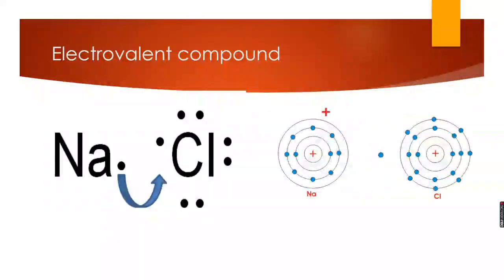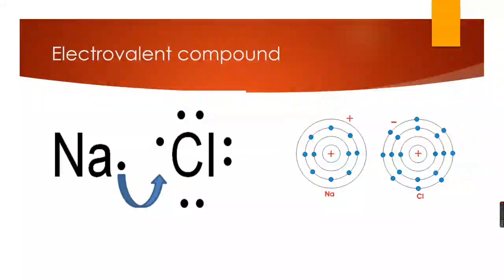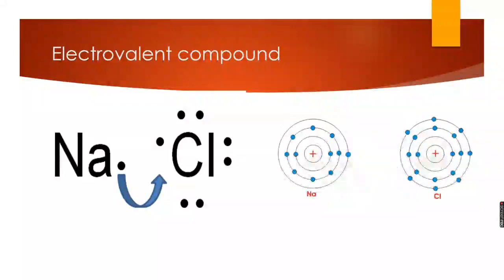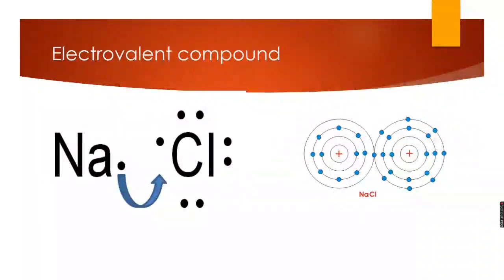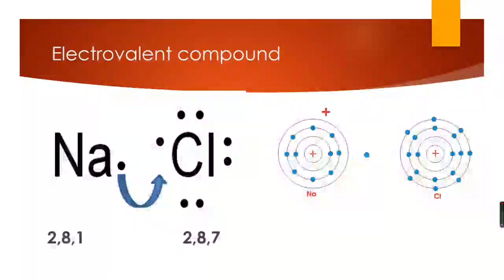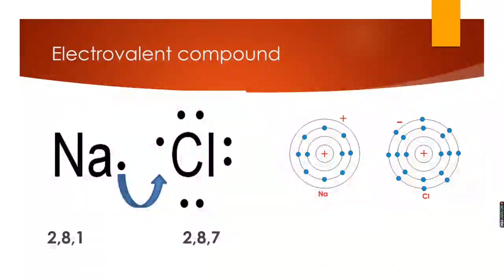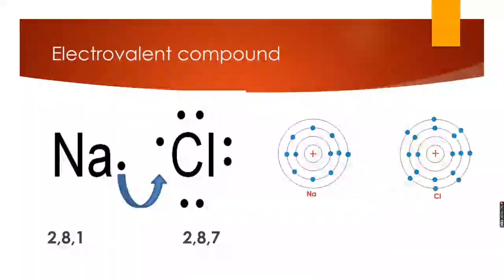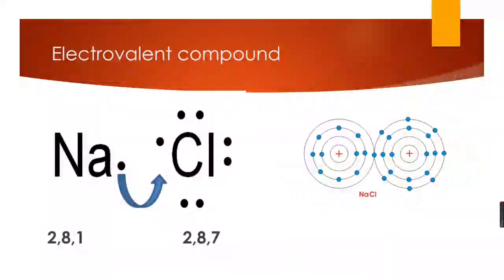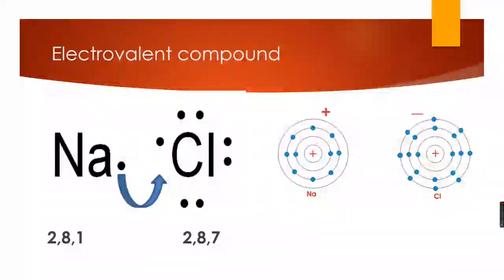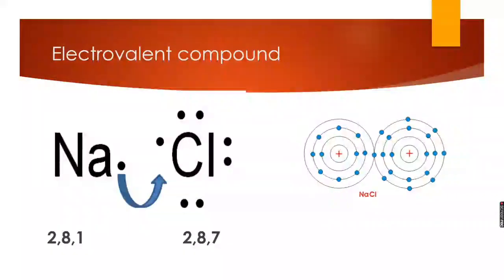So you may have one question in your mind: why is it so? Because sodium has an electronic configuration of 2,8,1, whereas chlorine has an electronic configuration of 2,8,7. So sodium has to lose, or rather donate, one electron in order to achieve a stable electronic configuration, while chlorine has to accept one electron in order to attain a stable electronic configuration.